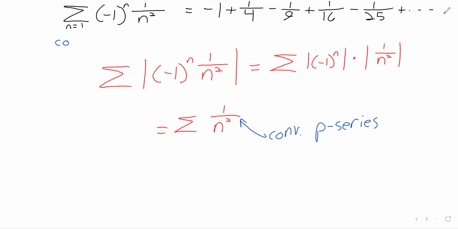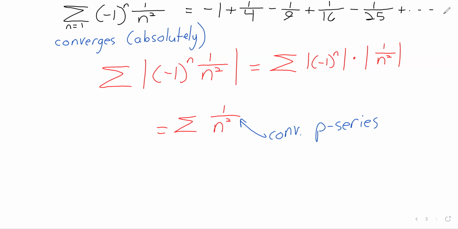And that tells you that the original series also converges. It converges, in fact, absolutely, although at this point we're not quite sure what the difference is between converging absolutely and converging.